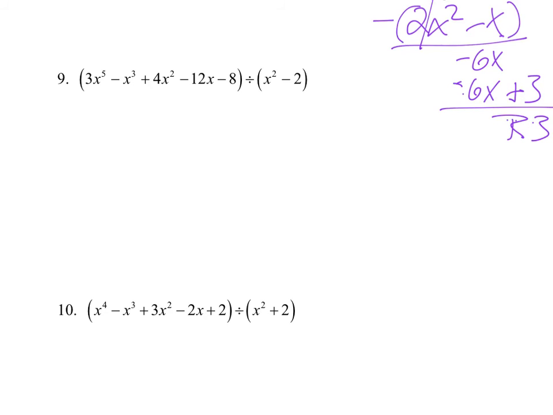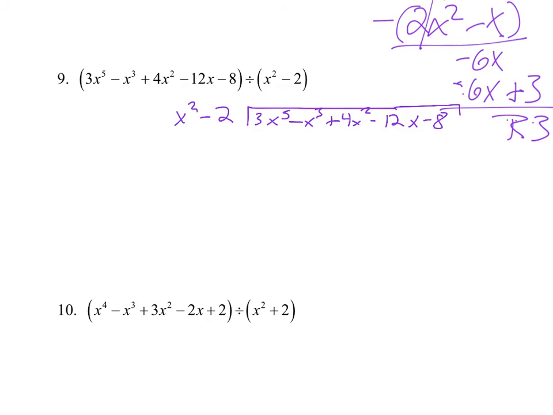I have x squared minus 2. And I have 3x to the 5 minus x cubed plus 4x squared minus 12x minus 8. So all numbers here are being represented. I have 5. Oh, nope. I have a 0 for 4.